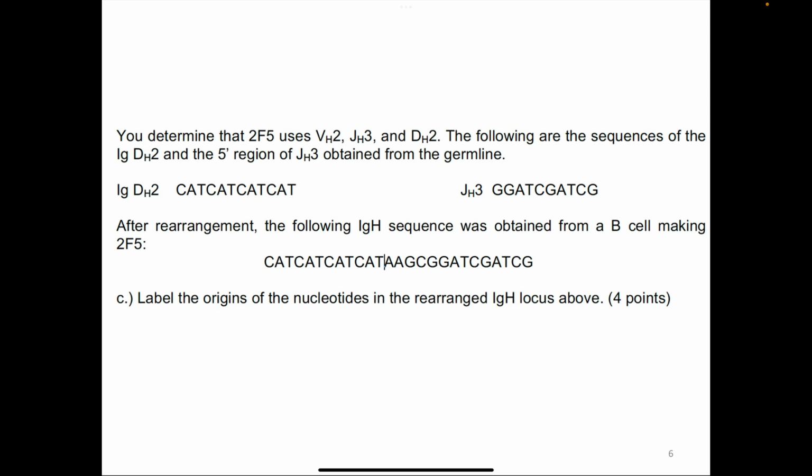And there are a couple things that we should do. So the first thing I can do is I can look at the befores. And I can notice that this part of the before matches the stuff above. I was lazy, and I liked my cat that day. And so the origin of this is that it was IgDH2.